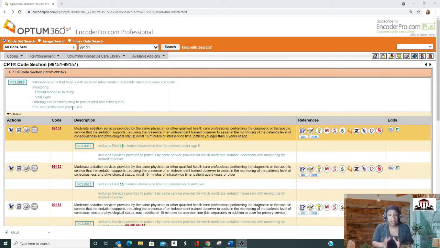Now, when it comes to moderate sedation services, I want to make sure there are clear lines drawn here and there aren't any misunderstandings. Moderate sedation is not a type of anesthesia. You'll notice that these codes start with 99, and anesthesia codes start with 00. If this was an anesthesia service, they may have included it in the anesthesia section of the book. But moderate sedation is not an anesthesia service.